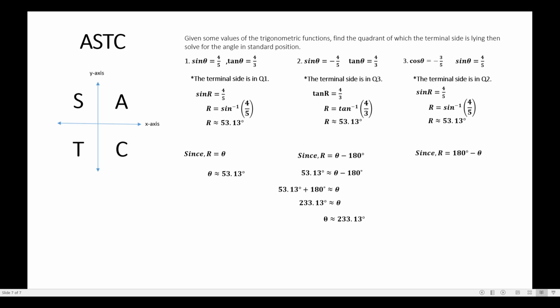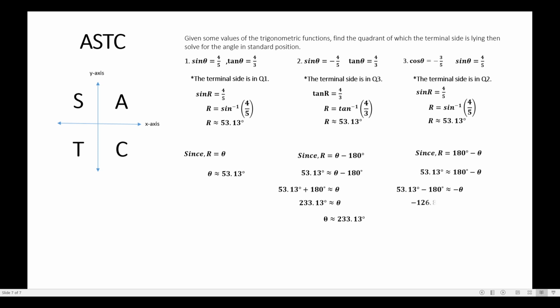And then we have, since r equals 180 degrees minus theta, because we are in quadrant 2, you have 53.13 degrees is approximately 180 degrees minus theta. And so algebraically, 53.13 degrees minus 180 degrees is equal to the negative value of theta.